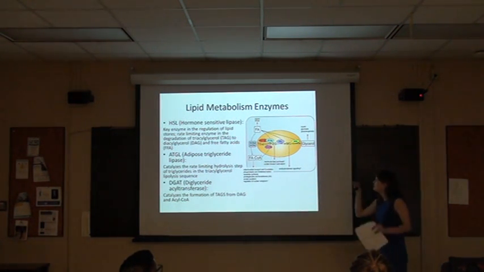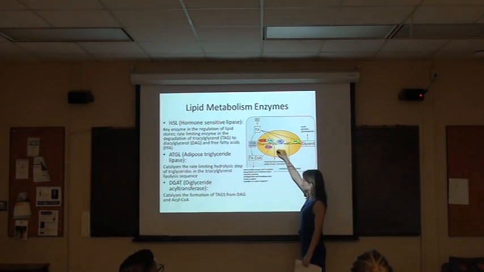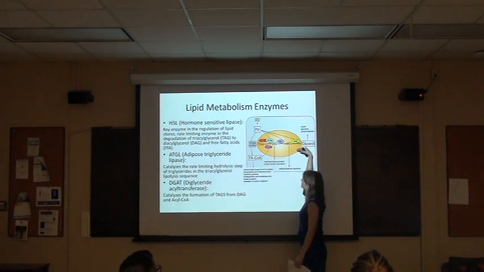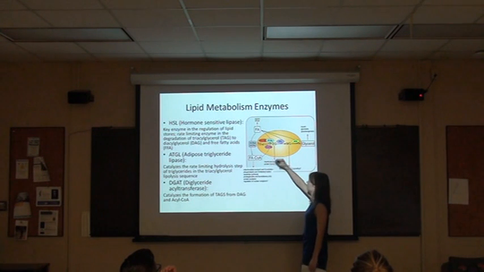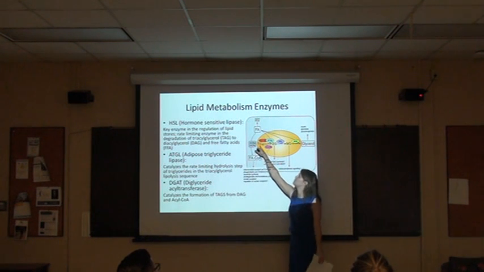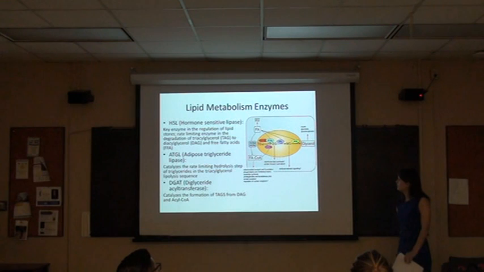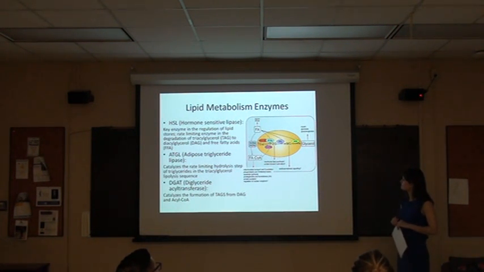You can kind of just see, it points out how each enzyme works in the sequence of the shift from TAGs to DAGs or DAGs to TAGs. Like we said, DGAT, formation of more TAGs. So DGAT, DAGs, TAGs, more TAGs. So that's an example. And that's all I'll say about that.